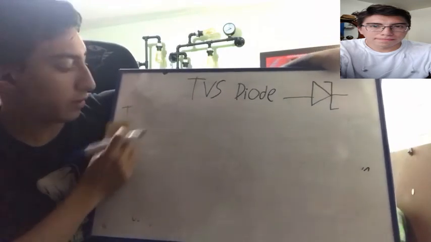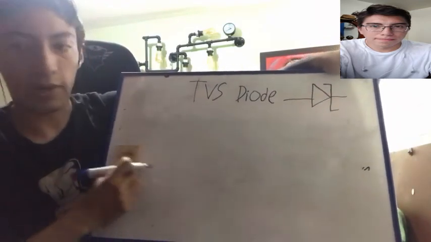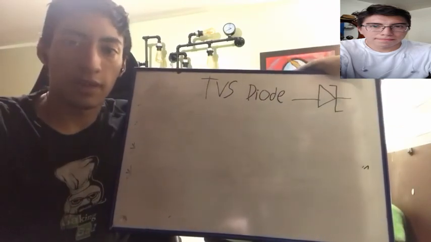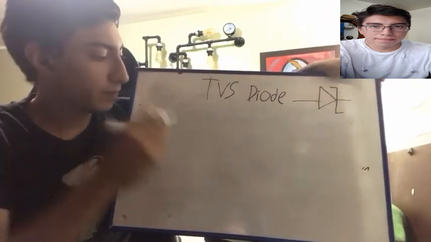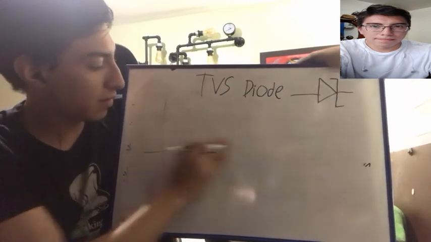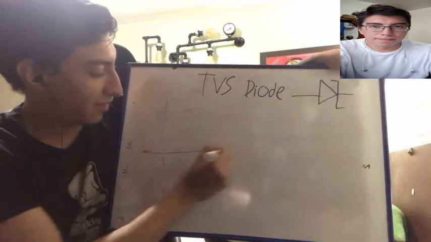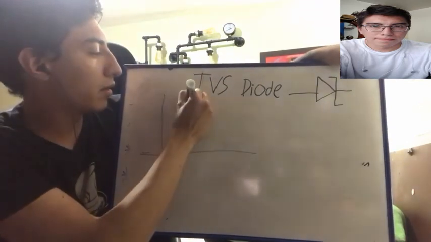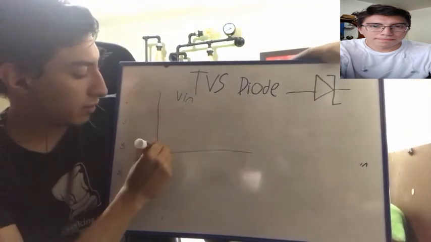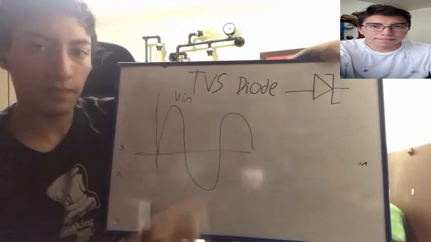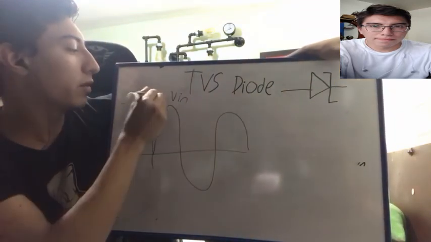Now, taking this into account, I will show you the comparison between the input voltage and the output voltage. Let's say we have an input voltage that goes like this, like a normal sinusoidal wave.